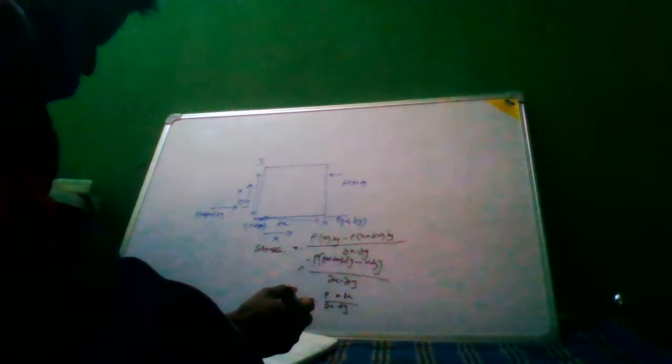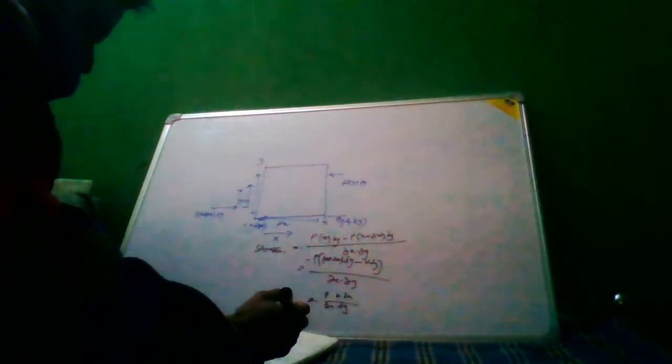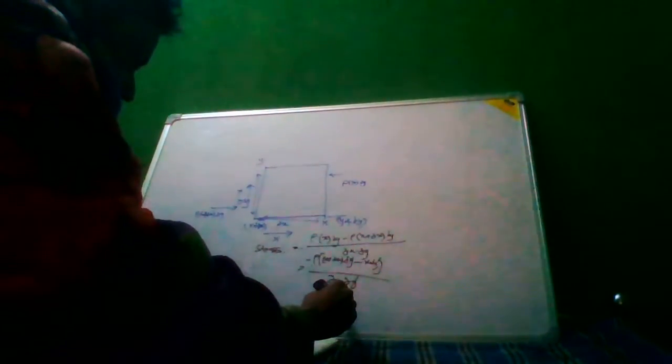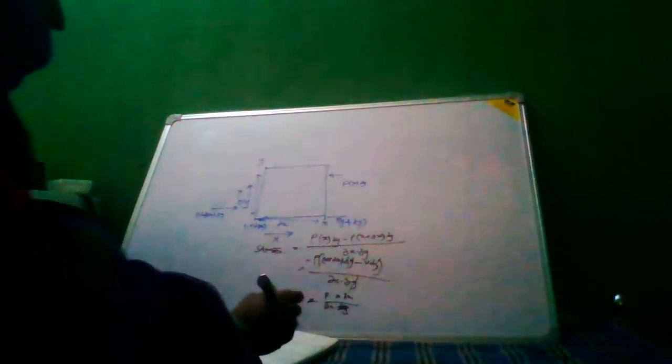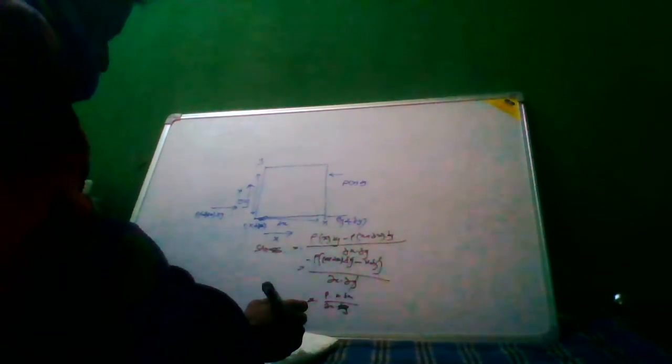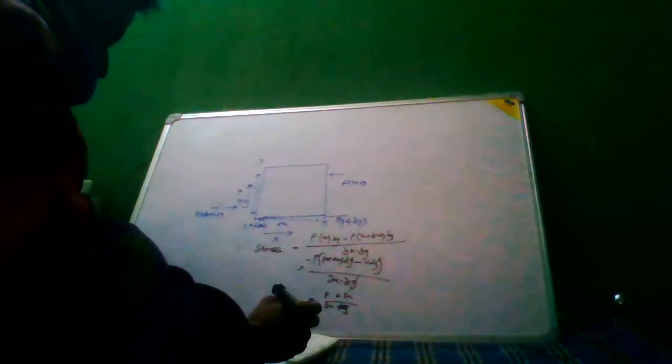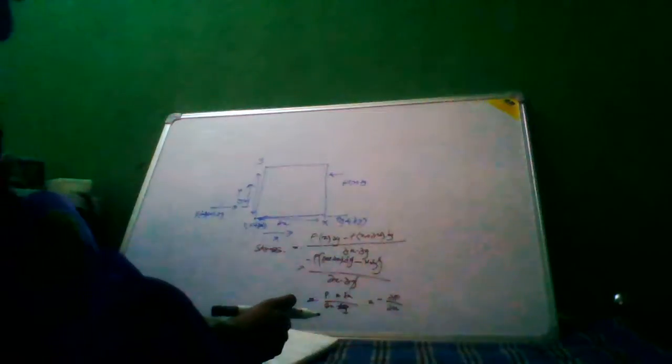Hence, if we cancel out the del y terms, this will be del P into del x, minus of del P by del x.